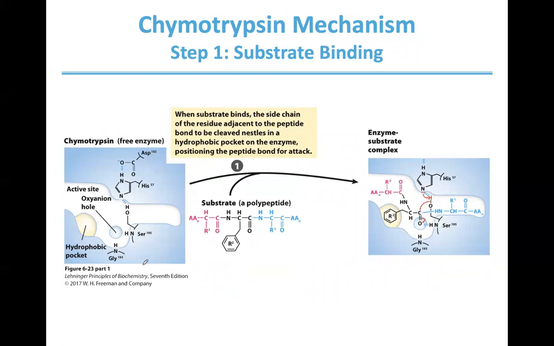So let's look at that. Chymotrypsin is going to be a free enzyme. Here's our catalytic triad: aspartate, histidine, and serine.